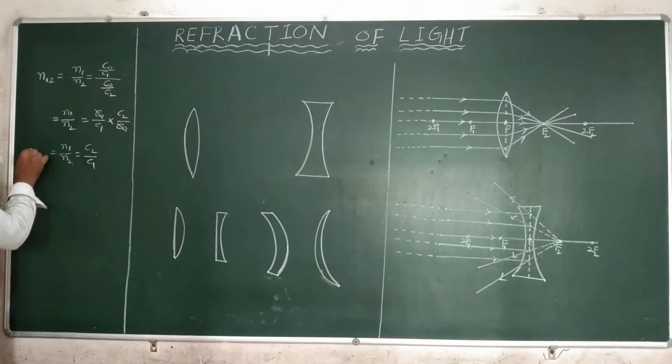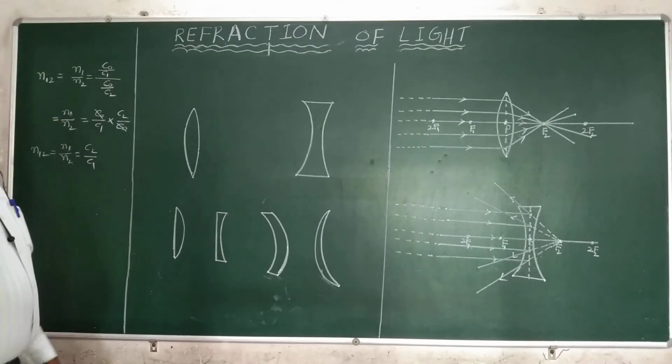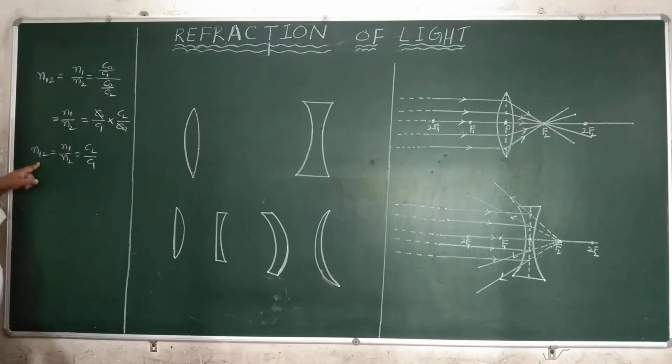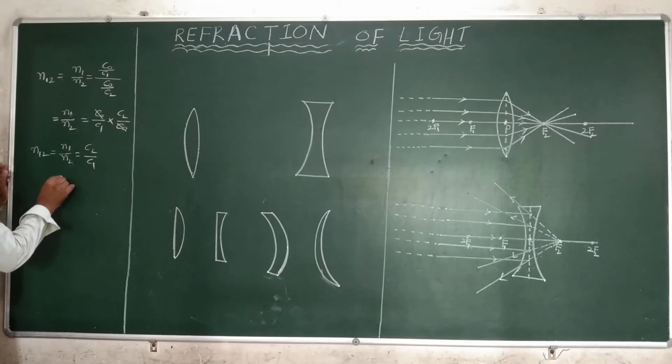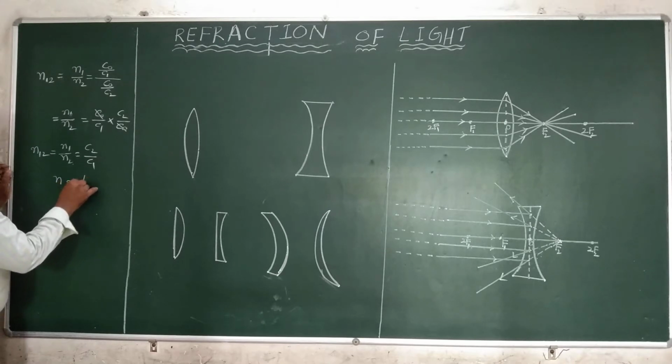This is equal to n12, which represents the refractive index of the first medium relative to the second medium, or with respect to the second medium. It is equal to n1 by n2, which equals the speed of light in the second medium by the speed of light in the first medium. From this we can write that refractive index and speed of light are inversely proportional to each other.